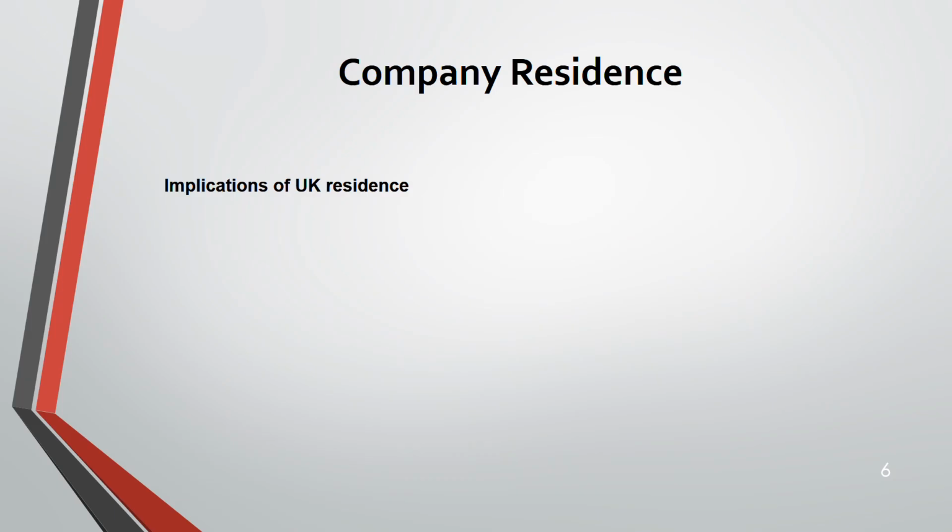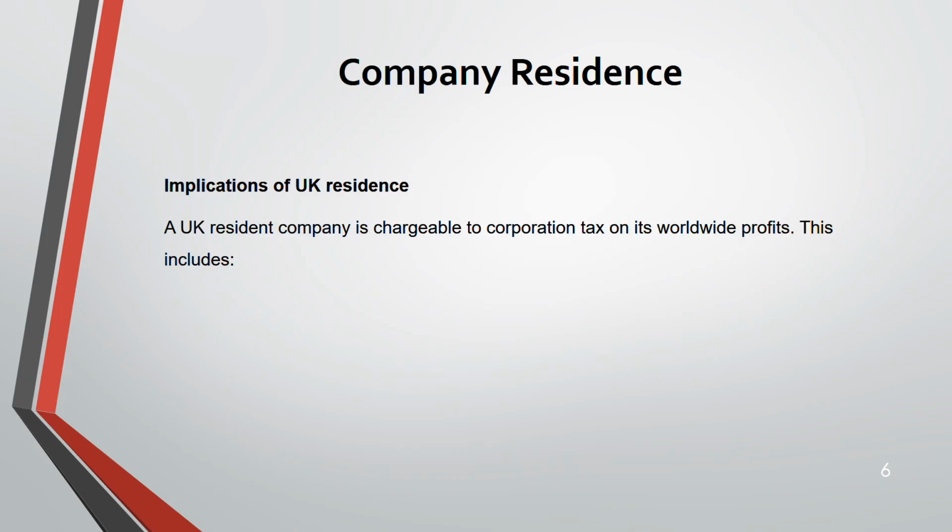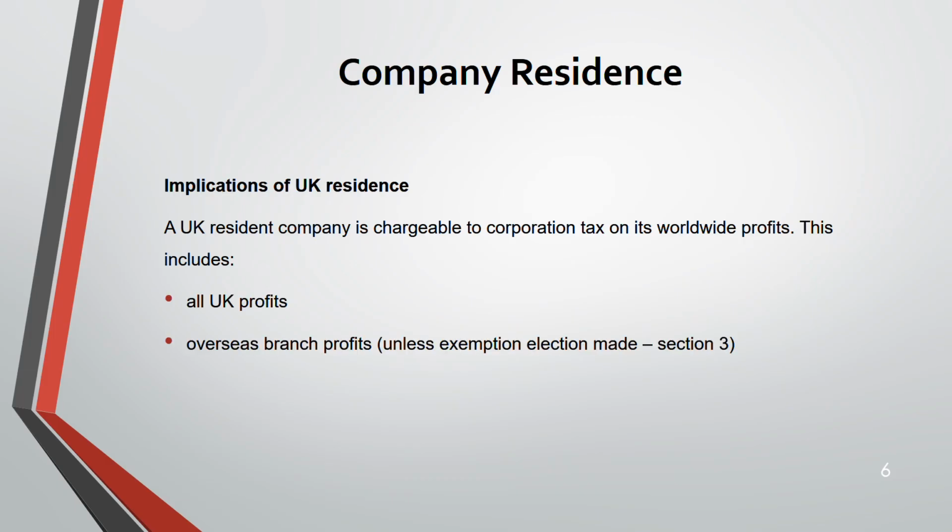Now, what is the implication of UK residence on tax? That's very important. That's why we are studying UK residence, because of the impact on tax. If you are a UK resident company, you are chargeable to corporation tax on your worldwide profit. This includes all UK profit and all overseas profit. That means all your overseas branch profit.